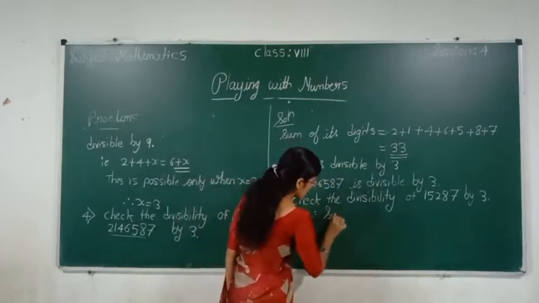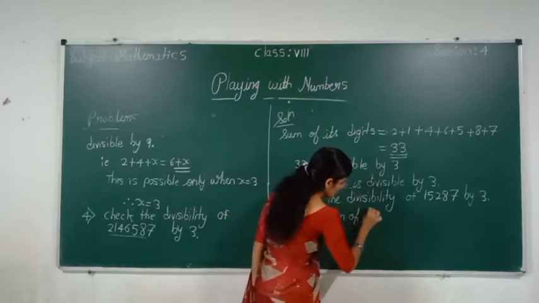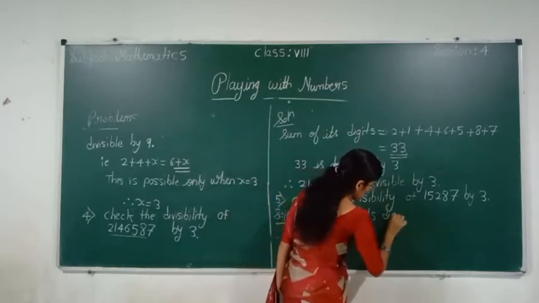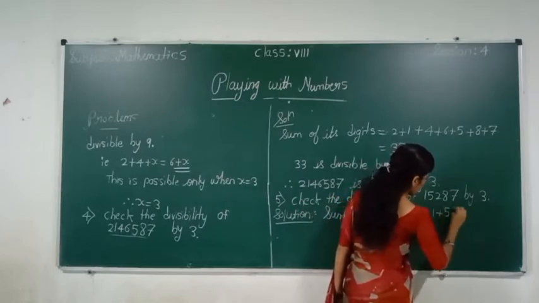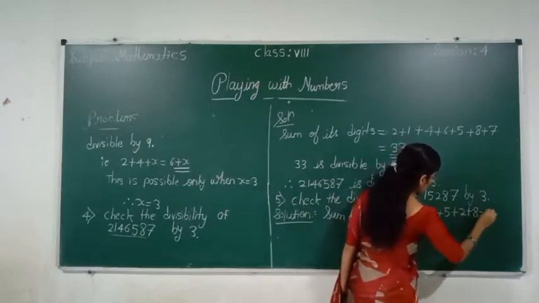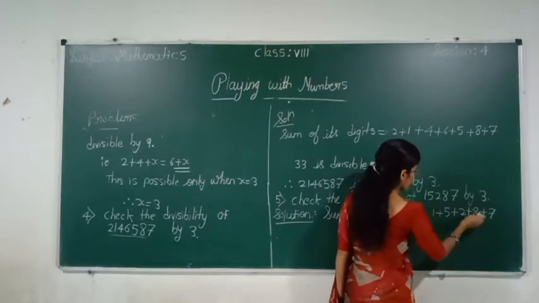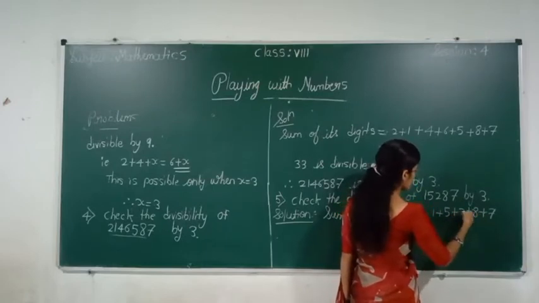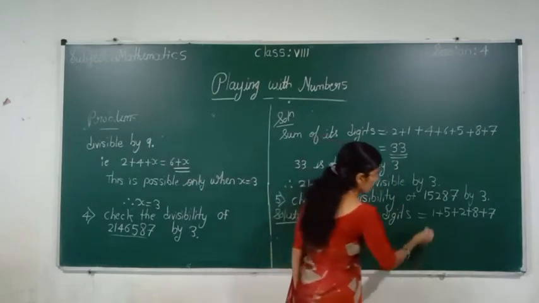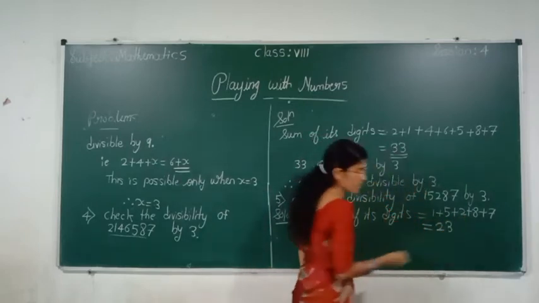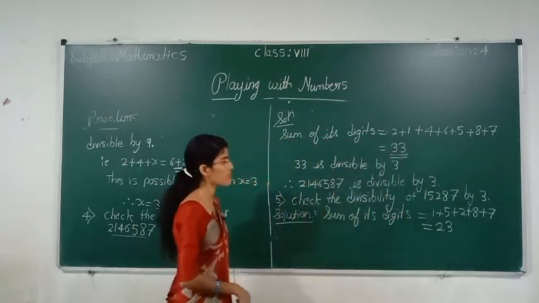Sum of its digits is equal to 1 plus 5 plus 2 plus 8 plus 7. 8 plus 2 is 10. 10 plus 7 is 17, 18, 23. The total will be 23. Is 23 divisible by 3?